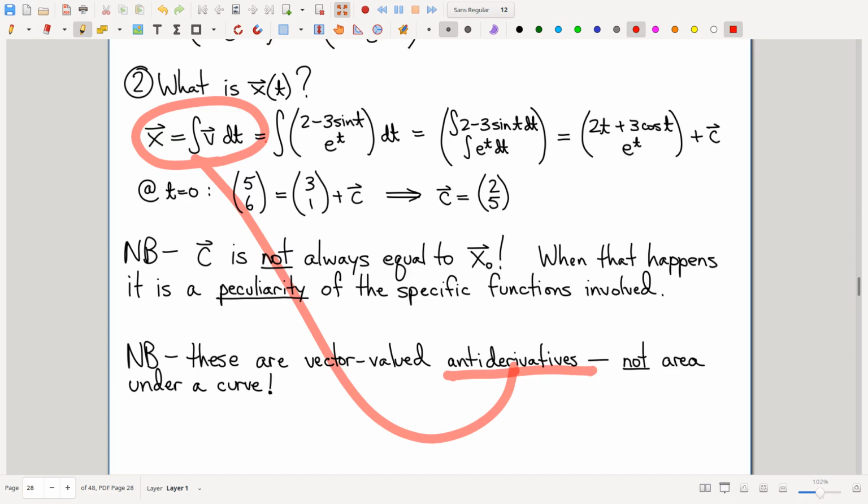Somebody didn't think that through decades and decades ago, and as a result, it's created a confusion in calculus students ever since. I think it's really important to distinguish integrals from antiderivatives. They're closely related, but it's a big deal that they're closely related.